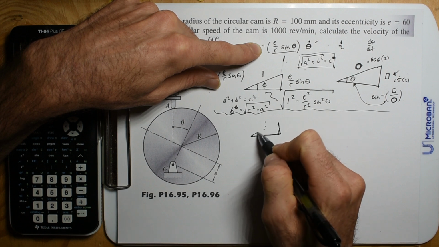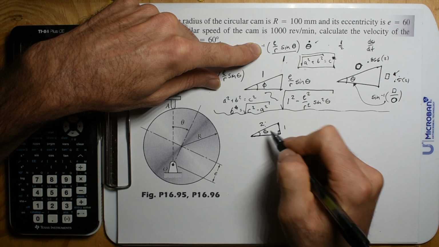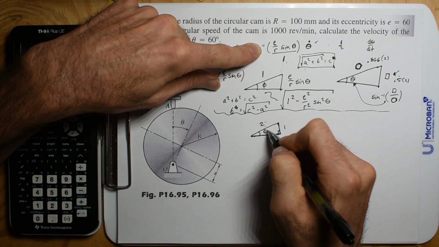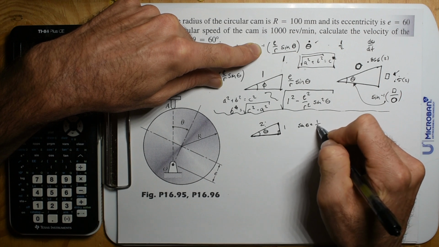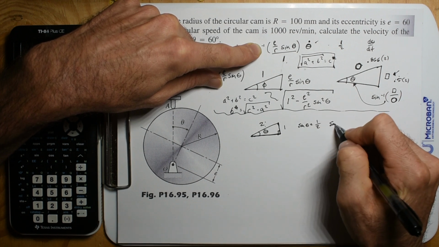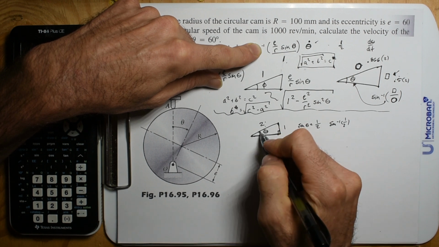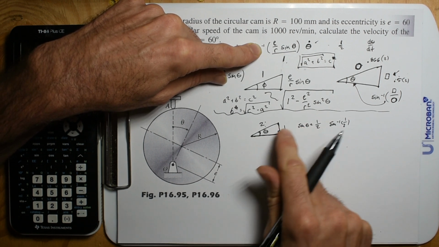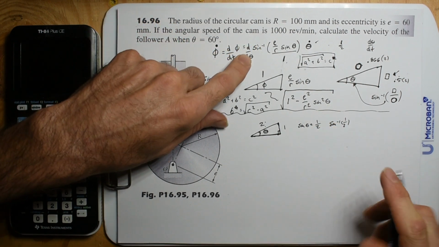So this is 1, this is 2. The sine of the angle is going to be 1/2, and the inverse sine of 1/2 is going to give me this triangle with this angle. If I have this ratio, this triangle can only be one angle.